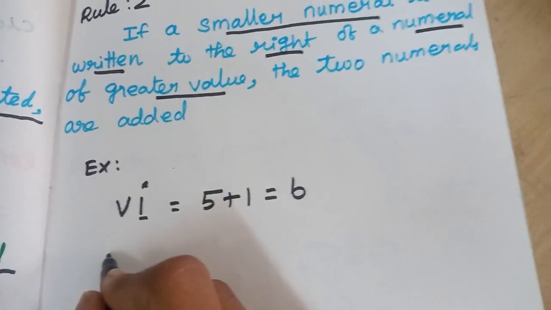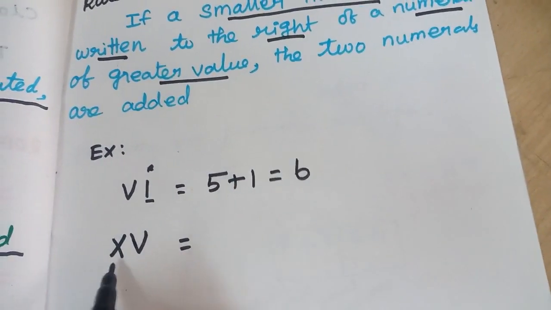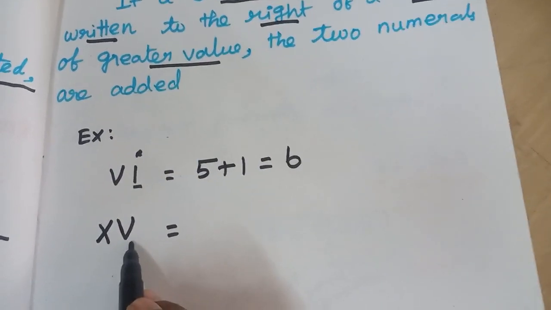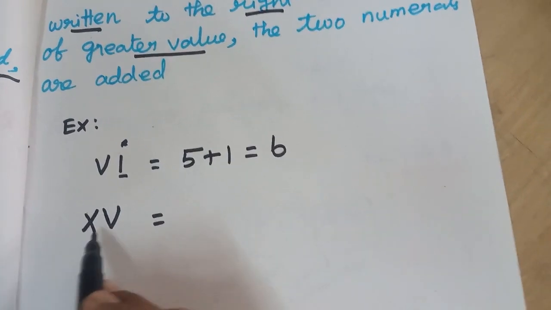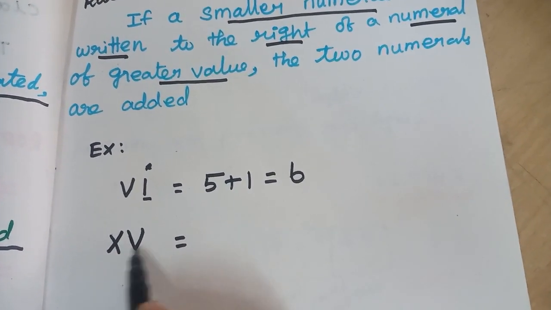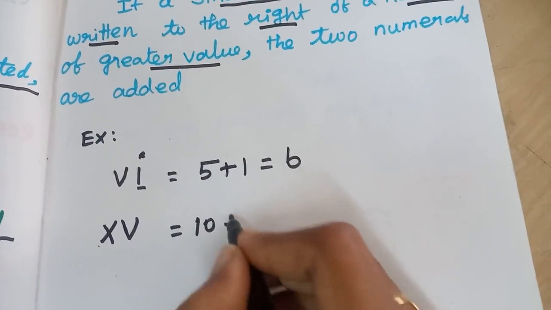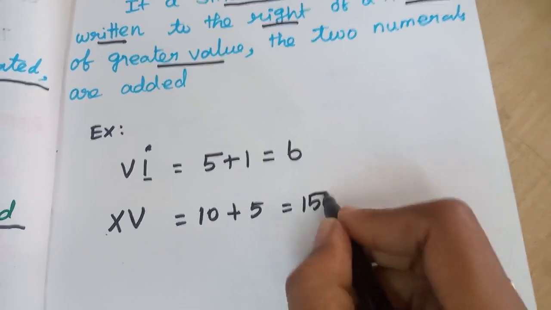Next one, X V. X is 10 and V is 5. Comparing them, V is the smaller one, so it is written to the right of the greater value. Now 10 plus 5, the answer is 15.